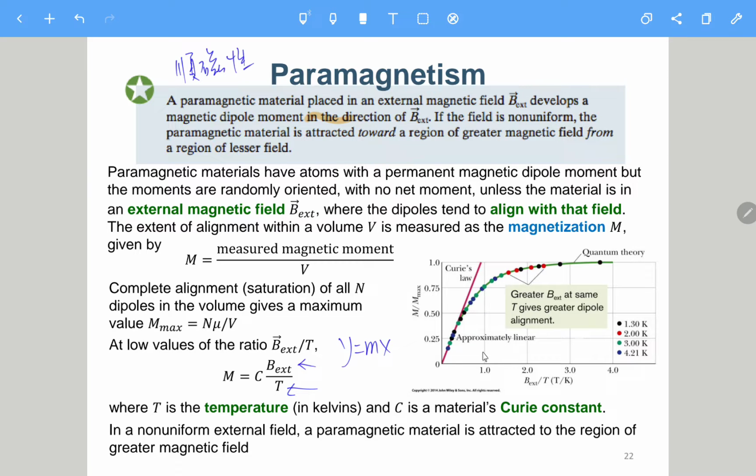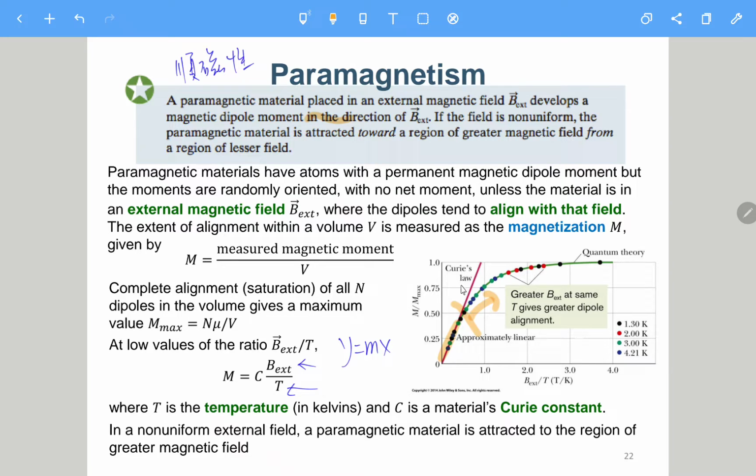Rather than that, we only get the measurement result close to Curie's law when B external over T is small. When this number is small, Curie's law tends to be correct. But after this region, the magnetization doesn't really increase linearly.